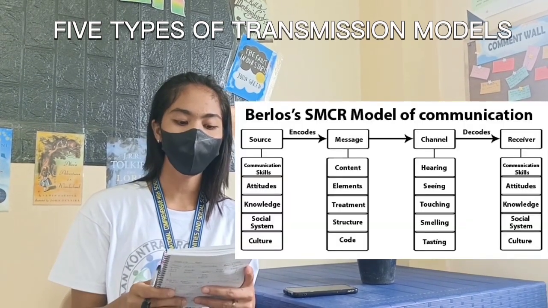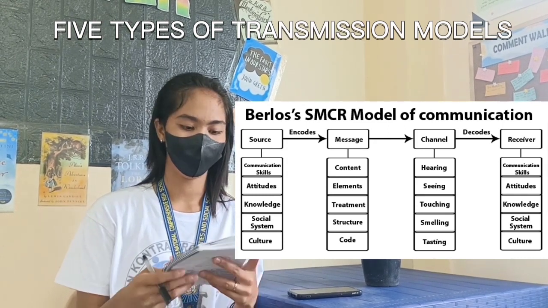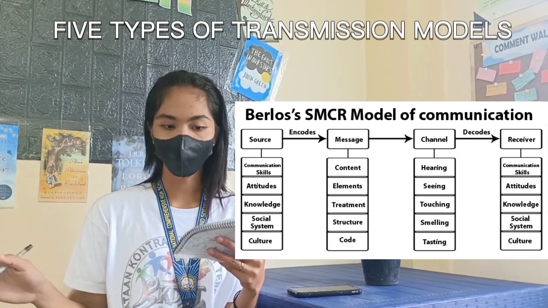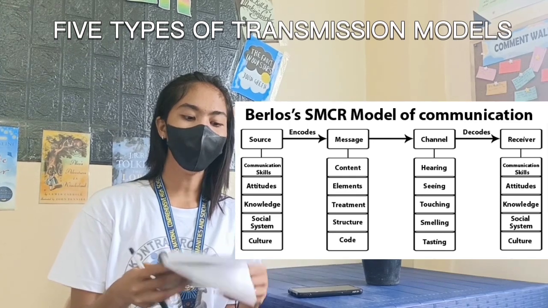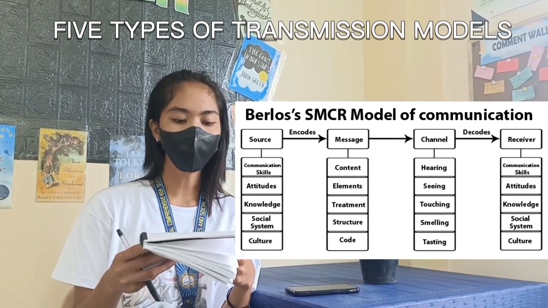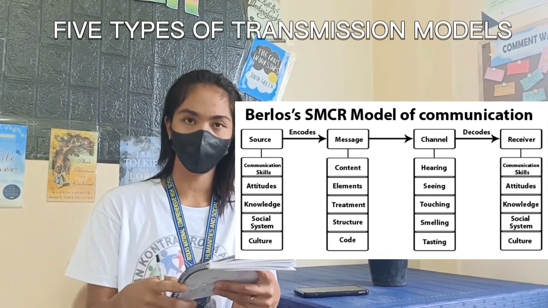Berlo's SMCR model of communication, 1960. Input, source, message, channel, decoder, and receiver. In source, we have communication skills, attitudes, knowledge, social system, culture.